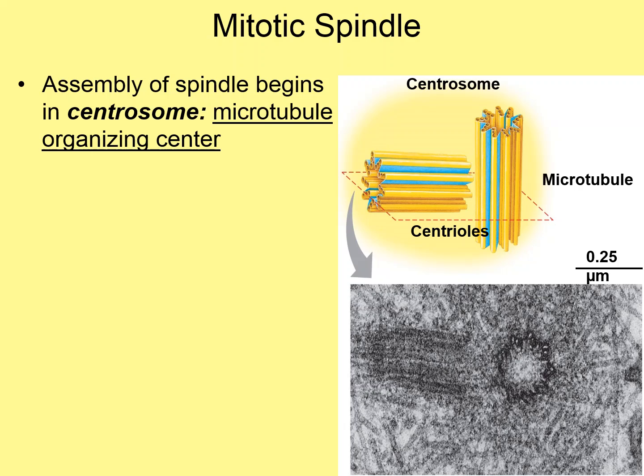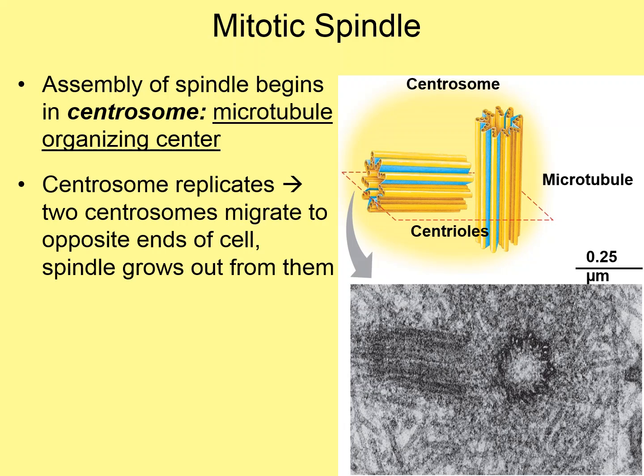So you actually have to copy them first, which has occurred before this, and then in the beginning of prophase, as the chromatin is condensing, the centrosomes move, and the centrosomes are then starting to migrate to opposite ends of the cell, right?